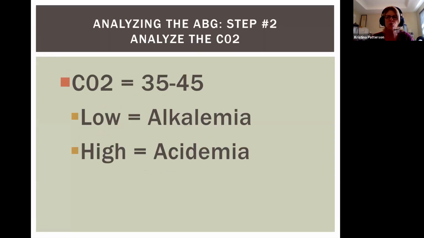Step 2 is that we're going to analyze the CO2. Again, we flipped it around, because here everything on the low side is alkalotic and everything on the high side is acidic. That's why we flipped it.